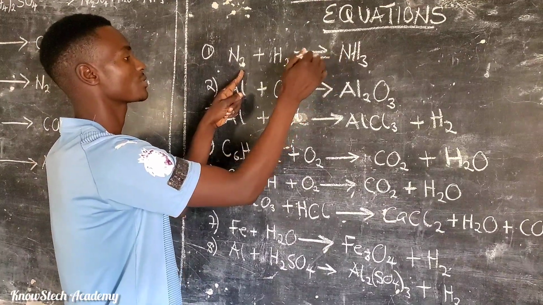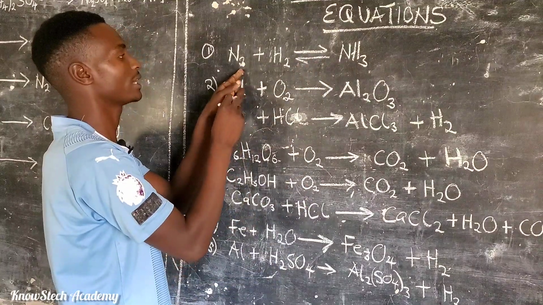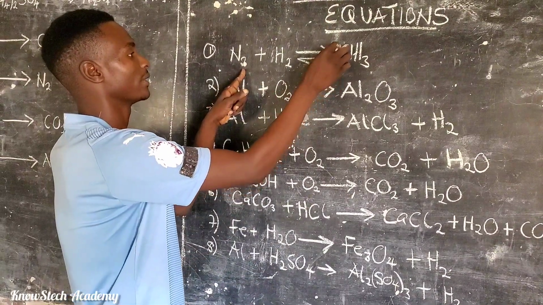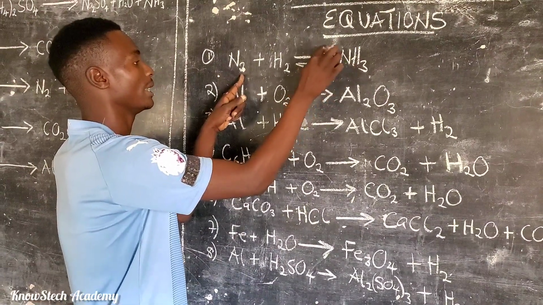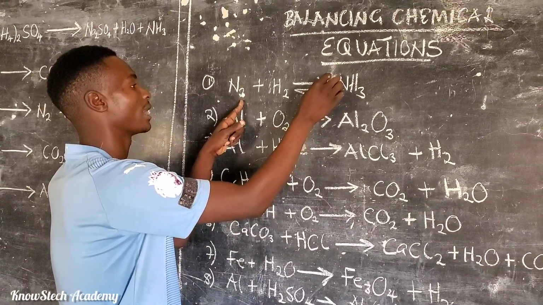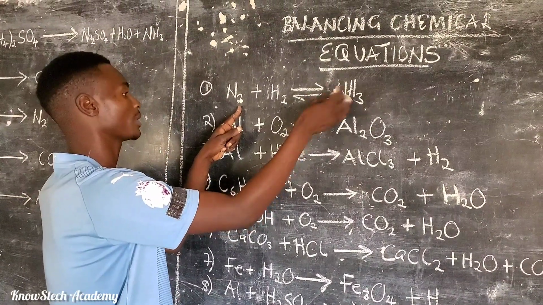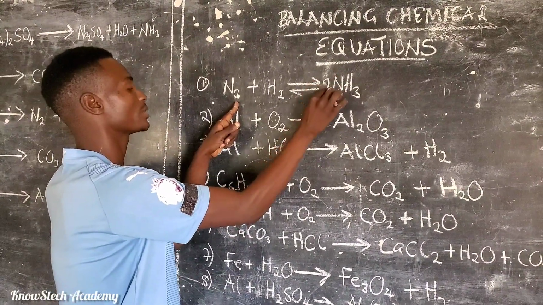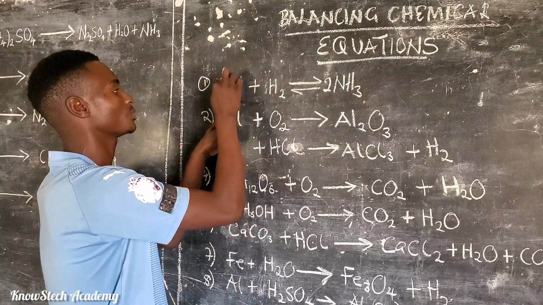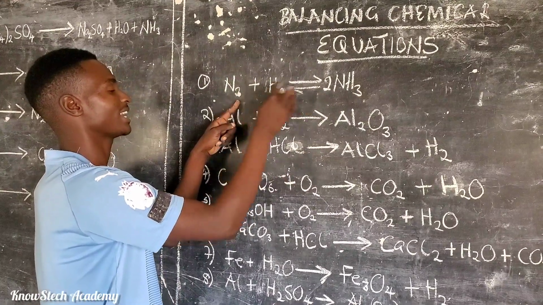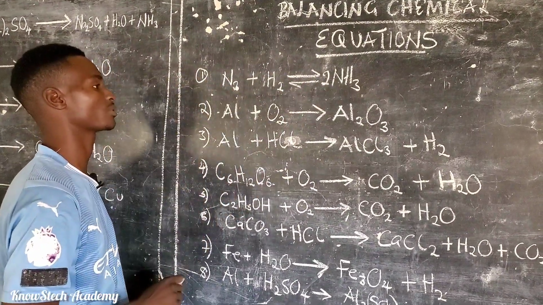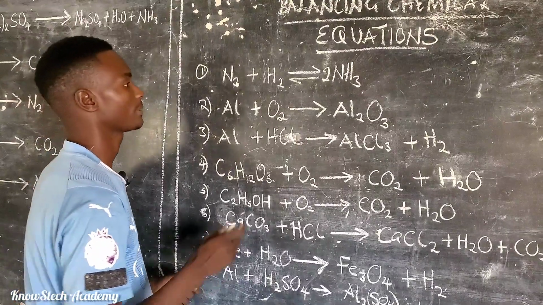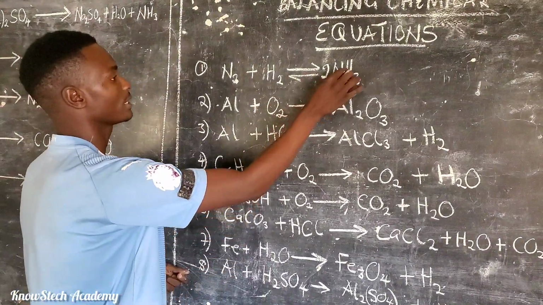We always introduce the 2 in front as a coefficient, in front of an element or a compound or a molecule. So if we put a 2 here, then we have 2 atoms of nitrogen on the reactant side and 2 atoms of nitrogen on the product side. All right, the nitrogen is balanced.